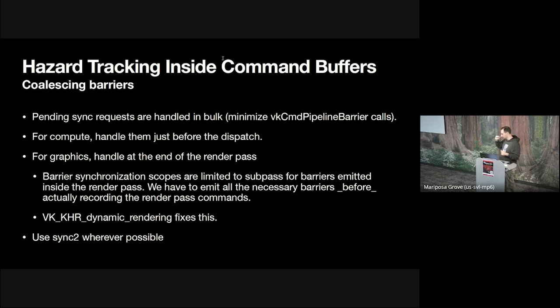So yeah, we definitely use Sync2, because without Sync2, your pipeline stage masks will get very broad and scary, and it looks bad. And also, I believe Sync2 affords the implementation to merge barriers in a more optimal way. So just use it; it's good.